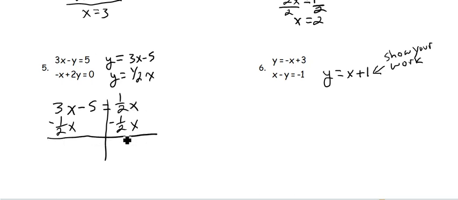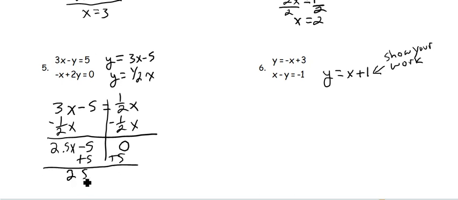Now 1/2 x minus 1/2 x leaves me 0. I must write the 0 because that's the only thing over there. So now I have 2.5x minus 5 equals 0. Going to add my 5 to both sides.